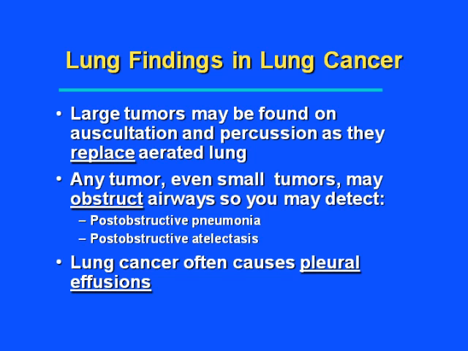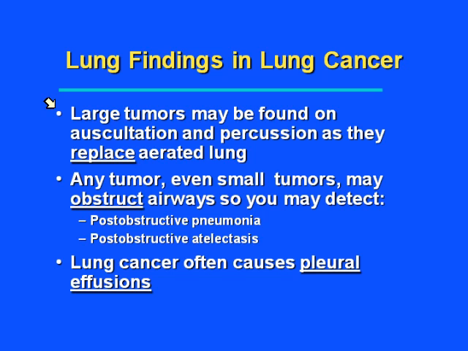If there's a very large tumor, you would be able to detect a difference in your auscultation of the chest and even percussion of the chest, because the tumor is now replacing what should be normal aerated lung.